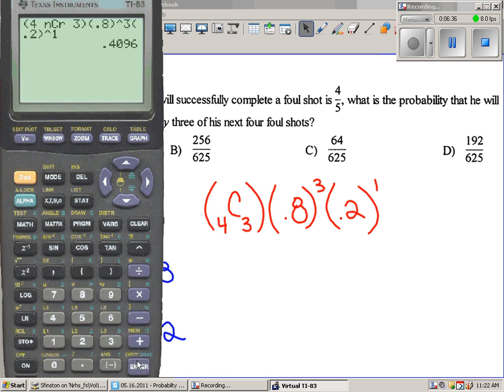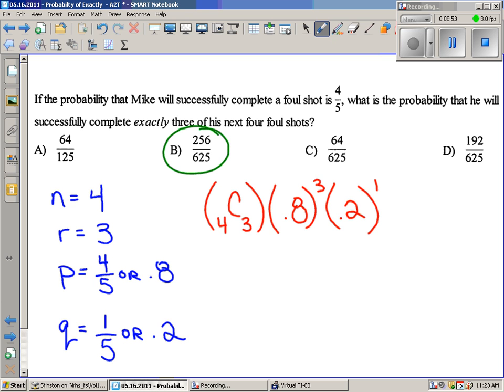I got 0.4096. Now math, convert to a fraction. So you got 256 over 625. That's it. That's all we do. That's how we roll. What do you guys think? This is so easy.